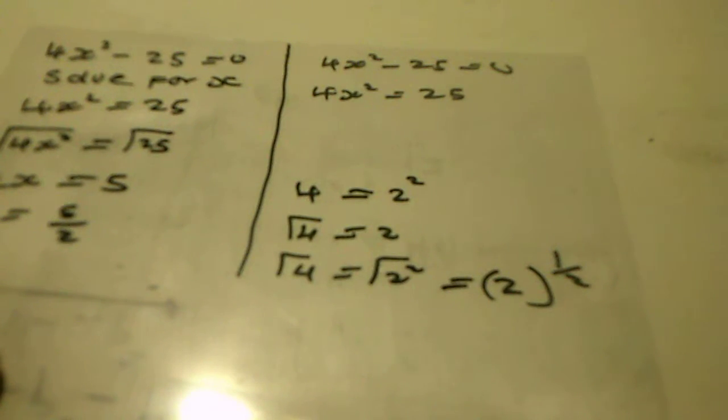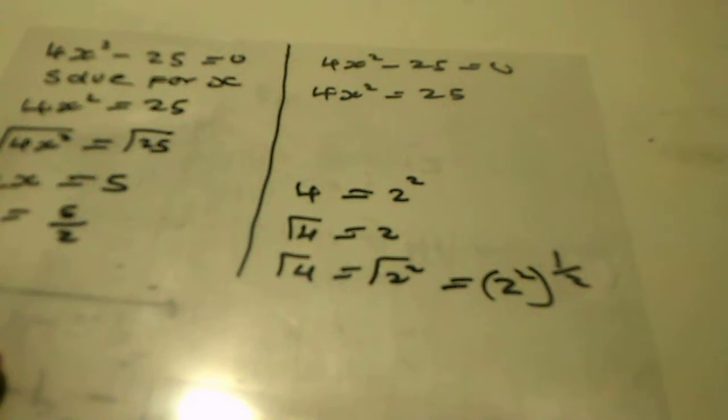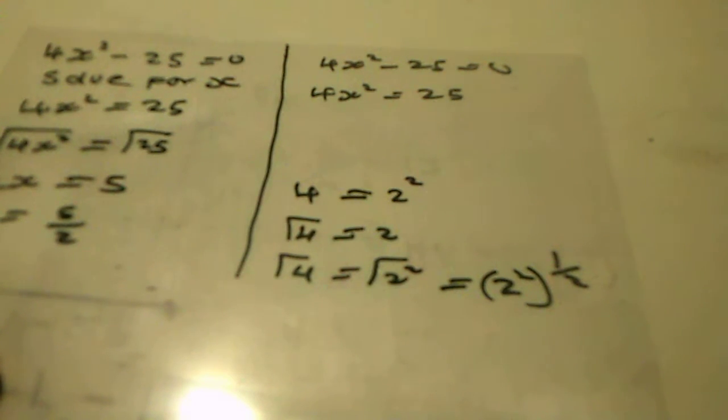So root 4 is the same as root of 2 squared, which is equal to 2 squared to the power half, because when you are changing a square root sign, it is the same as 1 over 2.